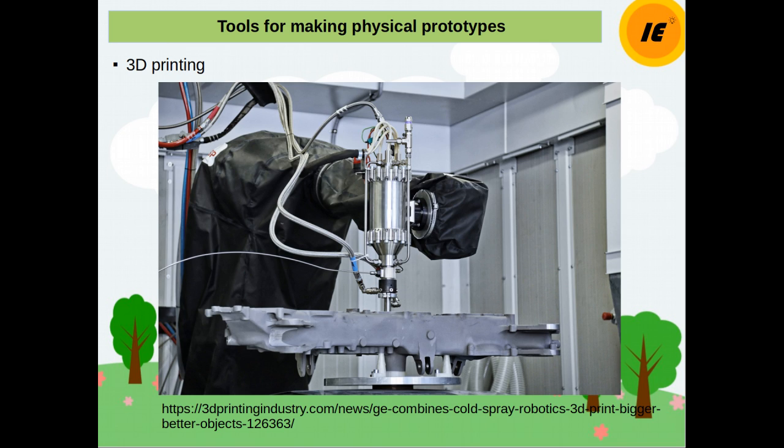Now another tool that is generally used in most of the cases is 3D printing. And before I forget, I want to say that there is something called additive manufacturing. I made a video long ago. What I understood, and I think it's a very general thing, is that 3D printing is not just used for prototyping, but it is also used for manufacturing nowadays.